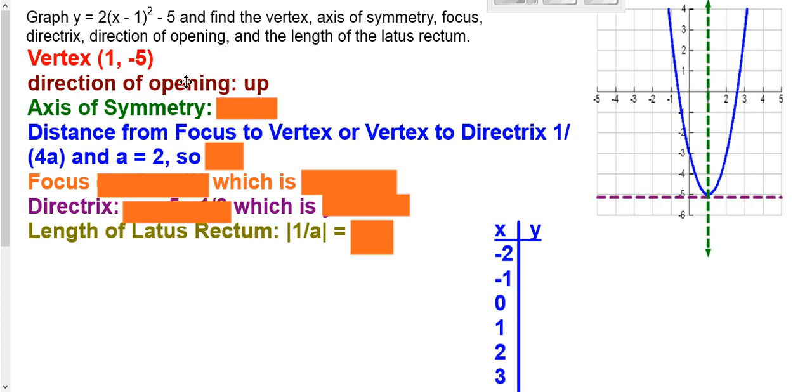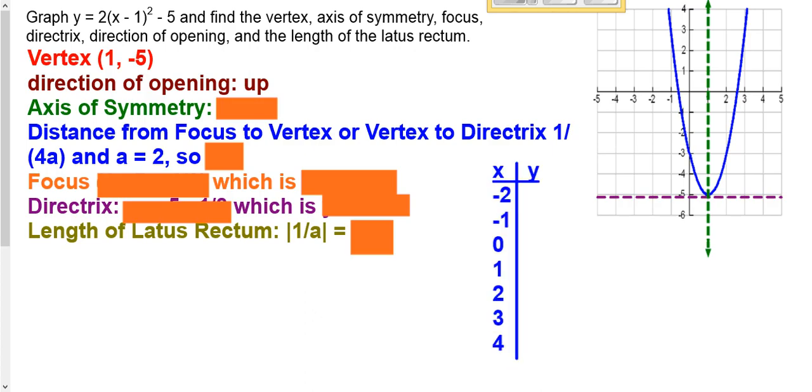So if I plot that point, I'm over 1, down 5, I get this here. Now when it comes to getting this whole shape right here, we'll get to that in a bit. Just be patient. So to be able to get that table, all we have to do is to go ahead and look at our x's.